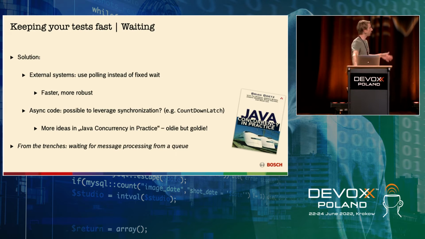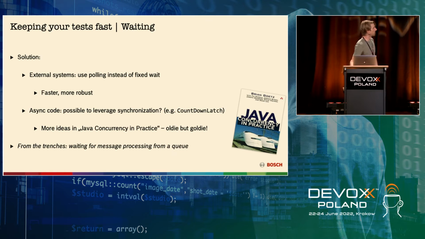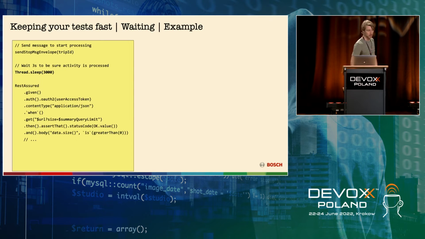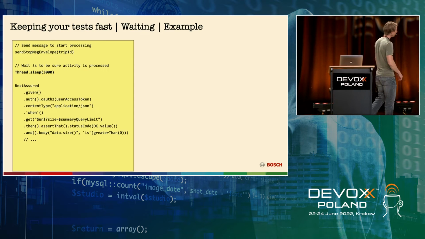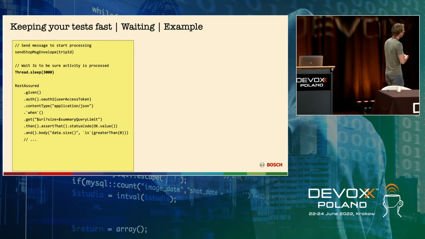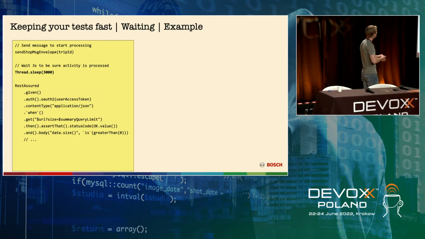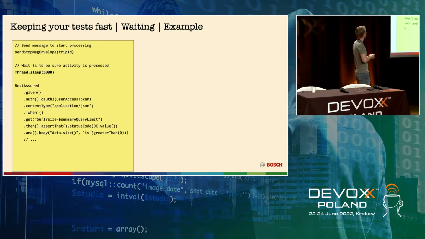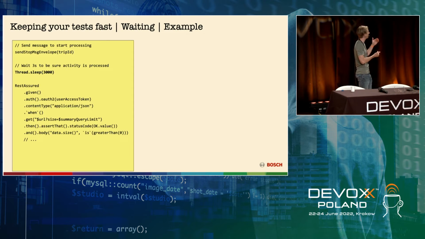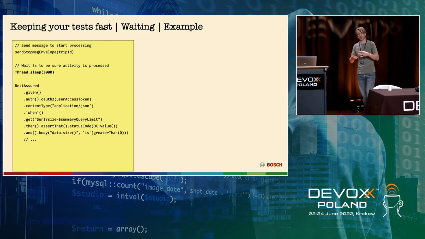So again, from our project, waiting for message processing from a queue will be the next example. What you see here is part of a test case. At the top, we're sending a stop message, then we're doing a fixed wait, and then we're checking for a result.